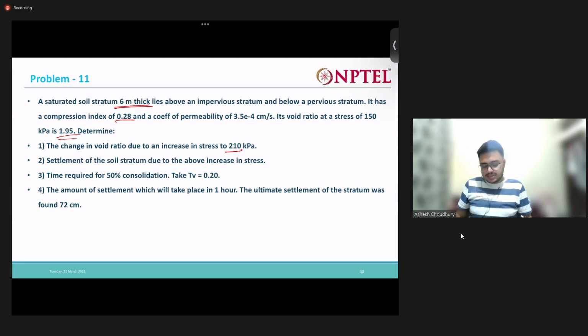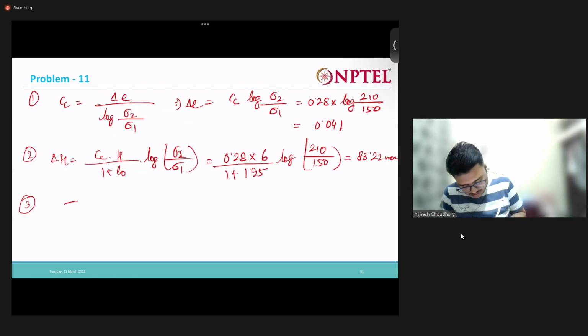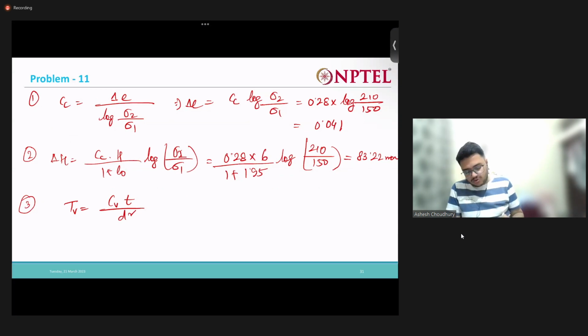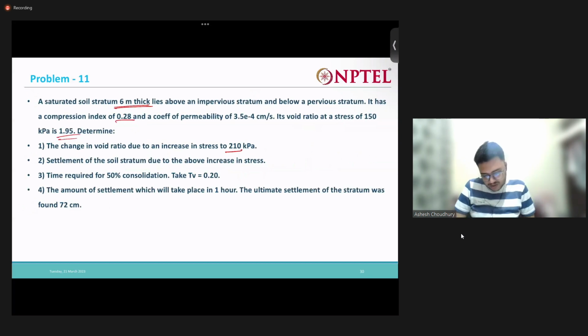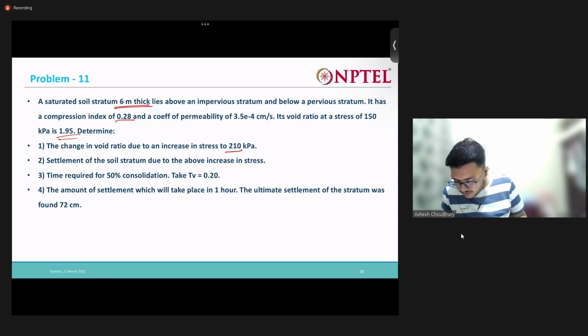So next question is the time required for 50% consolidation. We will just use the relation Tv is equal to cv t by d square. Do we know the cv value? Cv is not given to us directly, so we need to determine it. K value is given, mv value I need to find out.